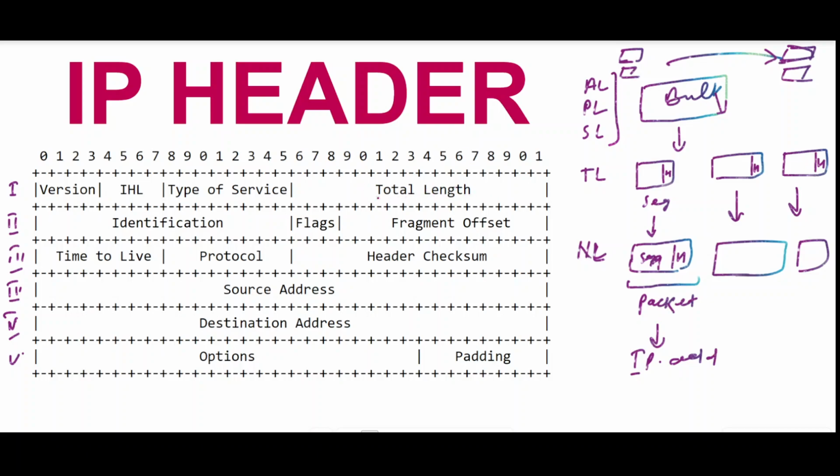Total length means this provides the information about the packet. Clear? Now identification we use generally, because sometimes in the network the size is increasing, so we should divide it. If this packet is heavy and other devices' buffers are full, there is congestion, then we should divide it into parts.